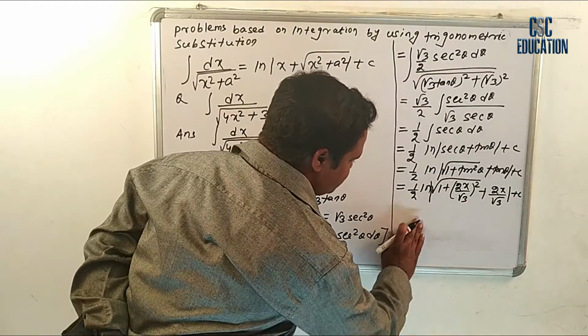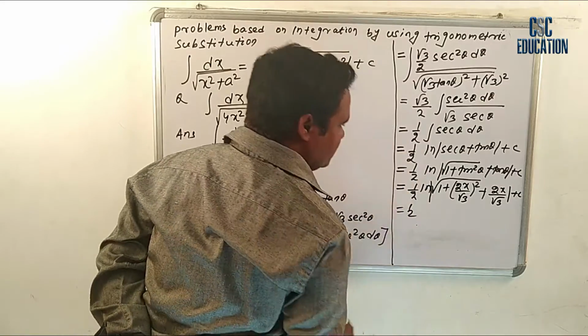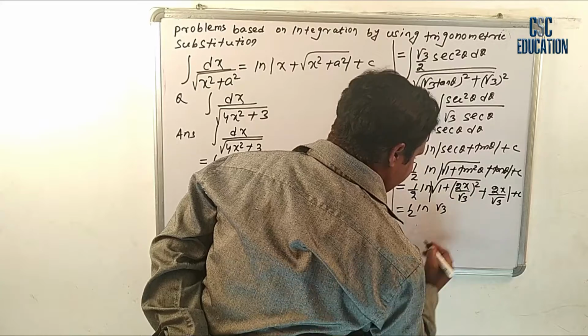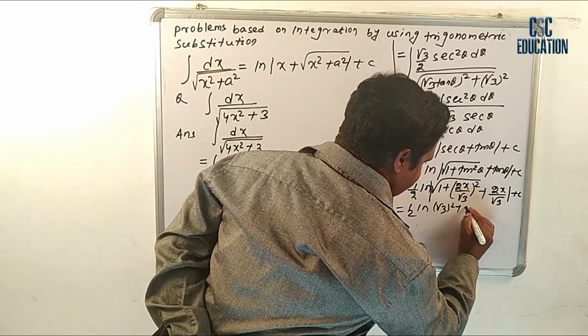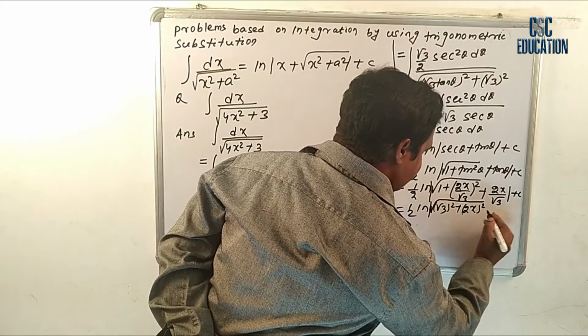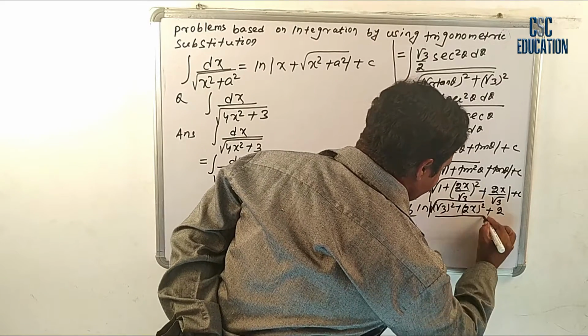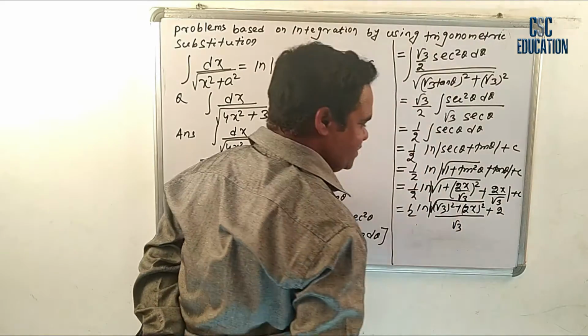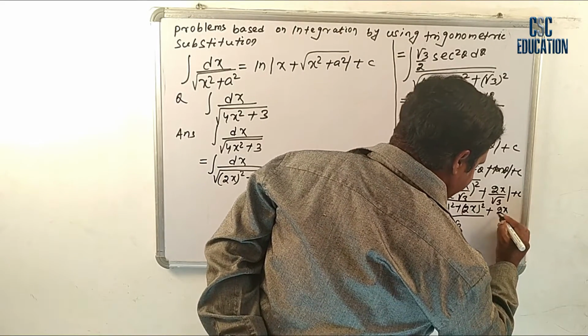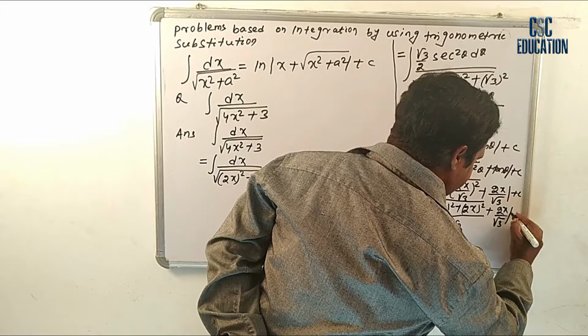This equals 1 by 2 ln of the square root of (root 3 square plus 2x square) divided by root 3, plus 2x divided by root 3, plus c.